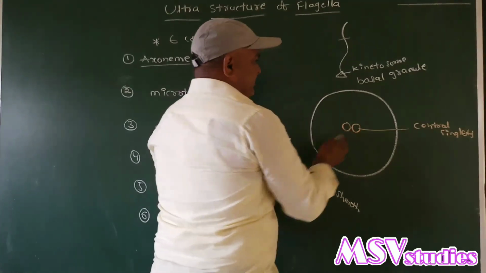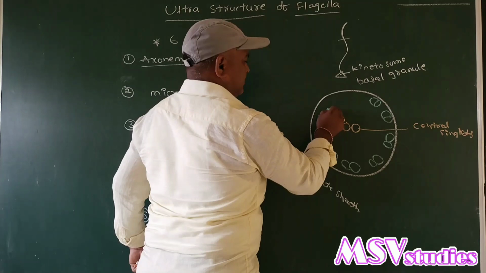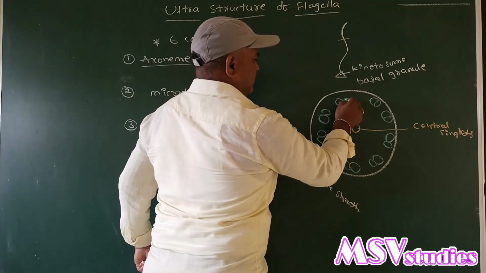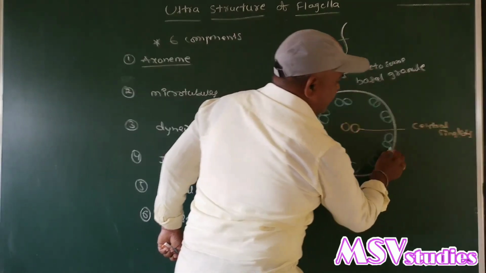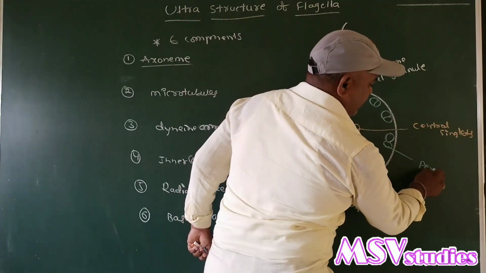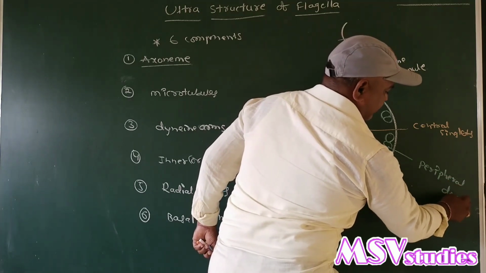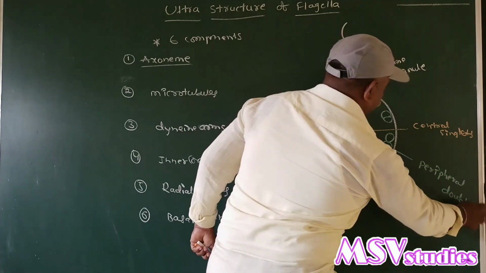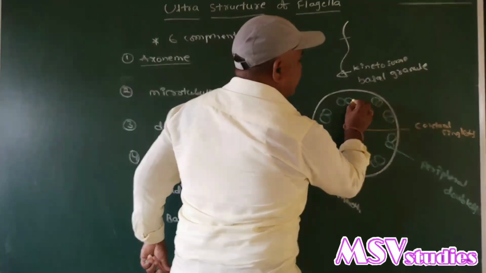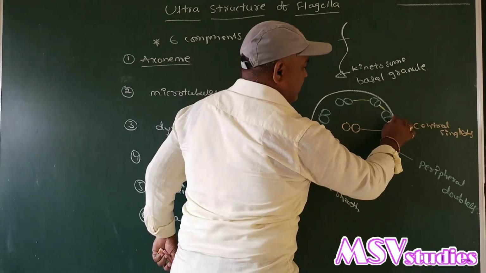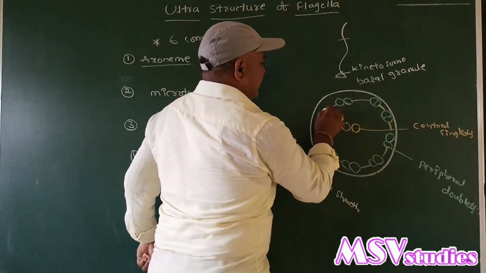Next, these are the peripheral doublets. The peripheral doublets are connected to one another by the linkers of nexine.